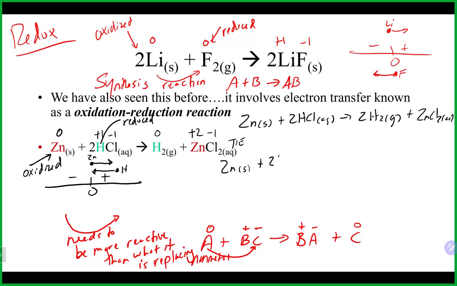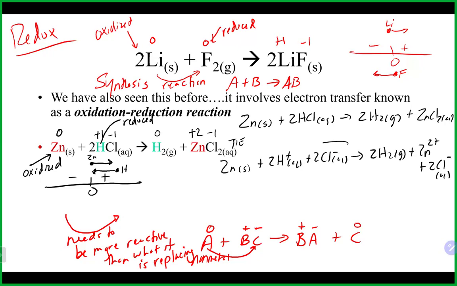Our HCl would break apart as it's a strong acid into these two guys. Our H2 would stay together because it is a gas, so we wouldn't break it apart. And then our zinc chloride would break apart into zinc with a +2 charge, and we would get 2 chloride ions here.